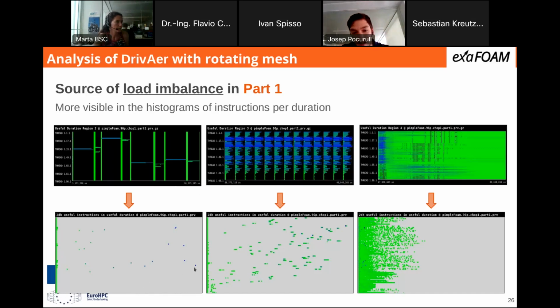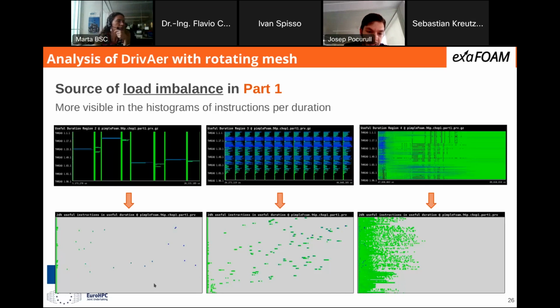The dots on the right are ranks that are executing more time, more duration in only one burst, and the ones on the left are the ranks that are executing less time in one burst.